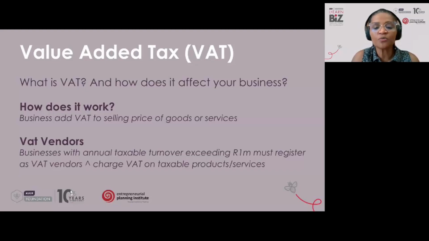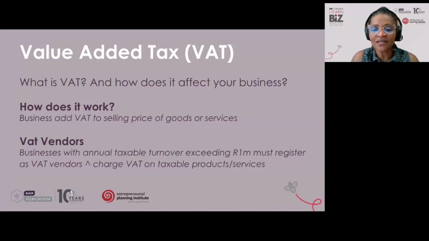So with VAT, you need to be aware there's a 15% that's levied on products that you buy, and you may also be registered as a value-added tax vendor, in which case you will charge customers value-added tax. As a small business turning over $1 million and below, you're not obliged to register for VAT. I always say, stay away from VAT if you are not at a consistent annual turnover of 1 million, because it's a lot of administrative work.